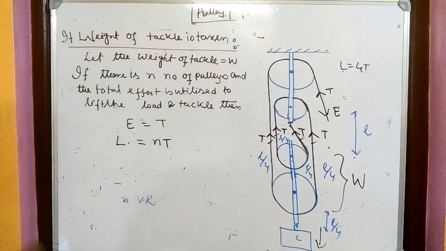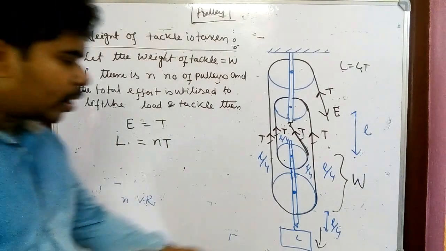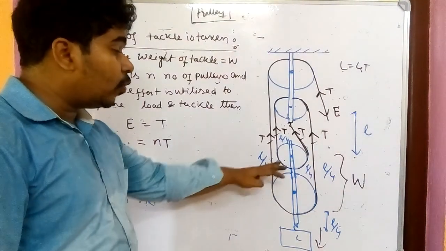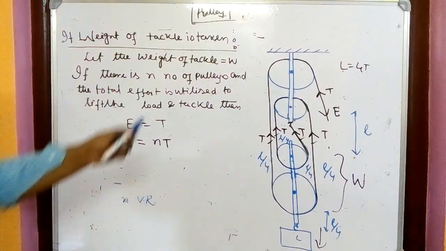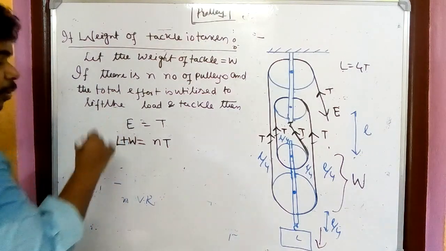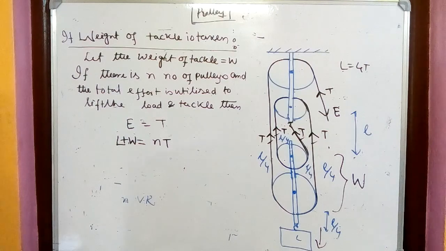Now one thing is here. We are not lifting the load only. Along with the load we are lifting the weight of the pulley, that is taken as W. So it is not load, it is load plus W, that is the weight of the tackle.